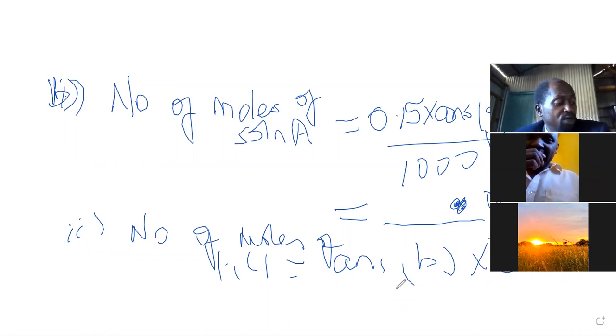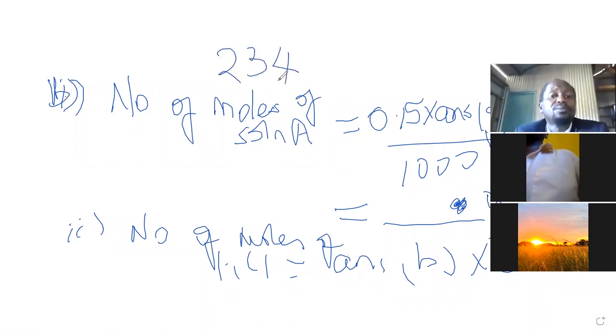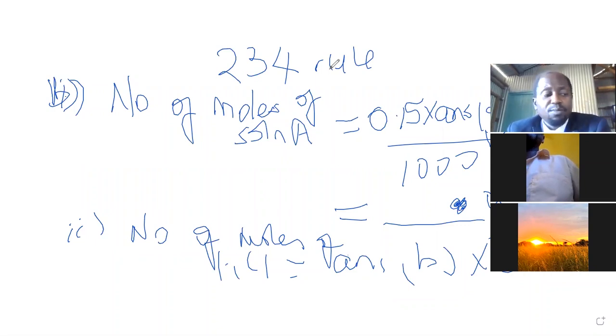At this point, before I wind up the titration, I want to mention about rounding off of values. And I'll simply sum it up by calling it the 234 rule, which is talking about decimal places. 2 decimal places.